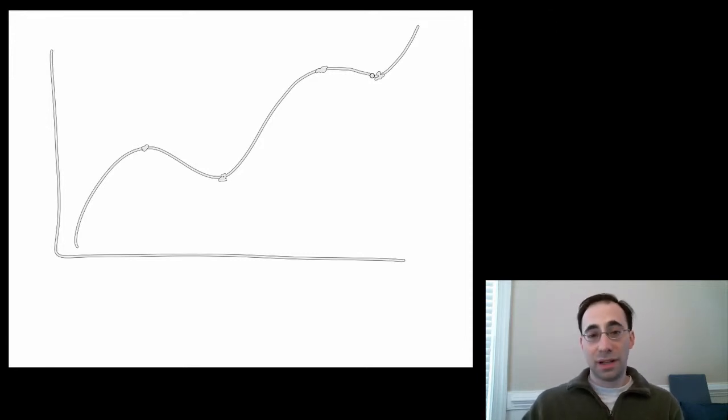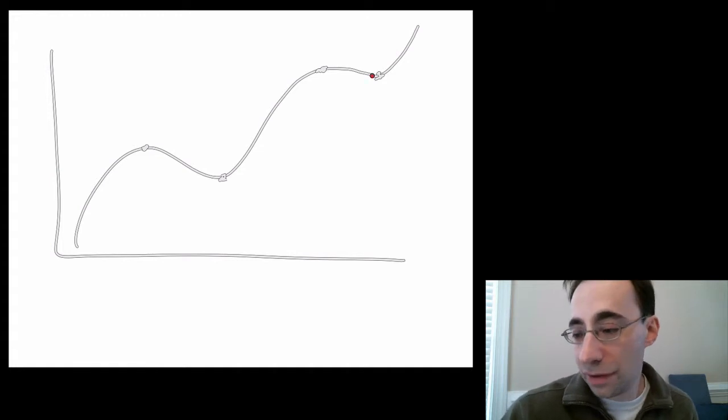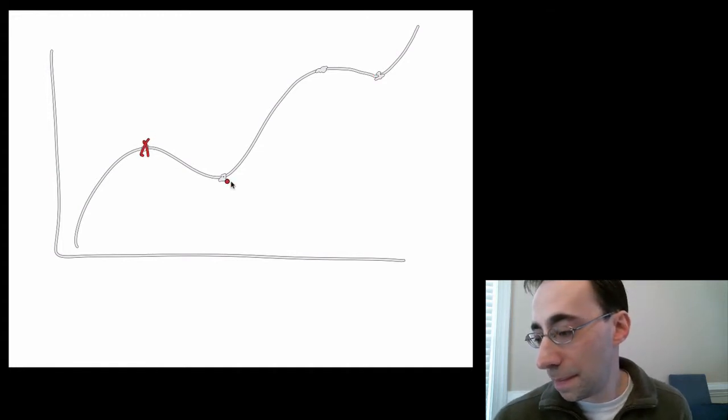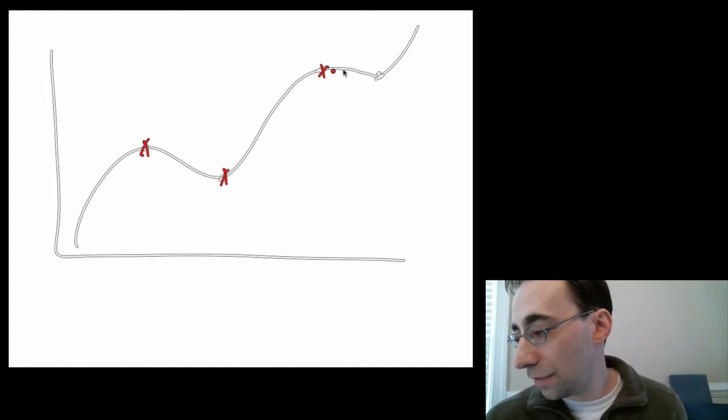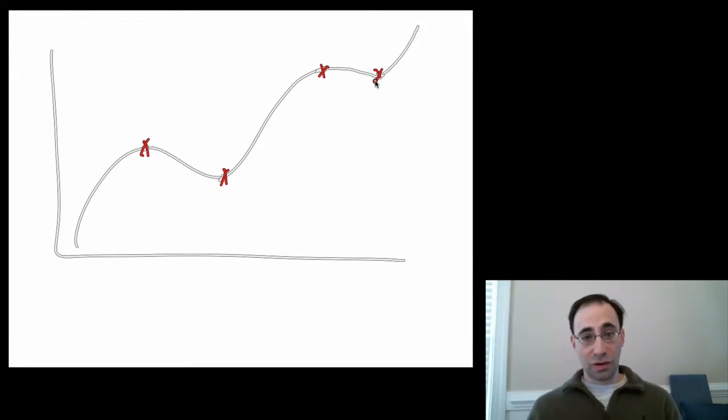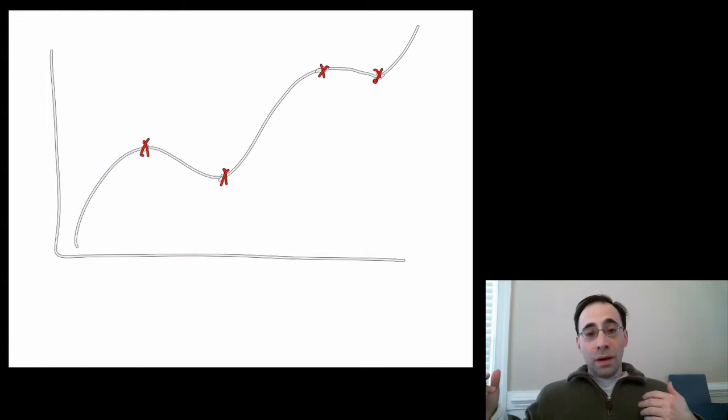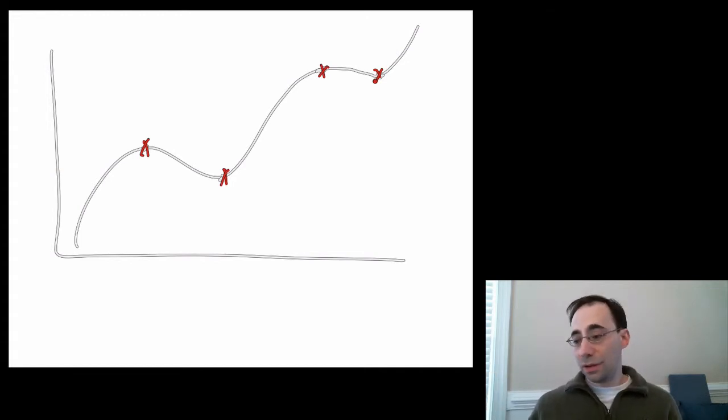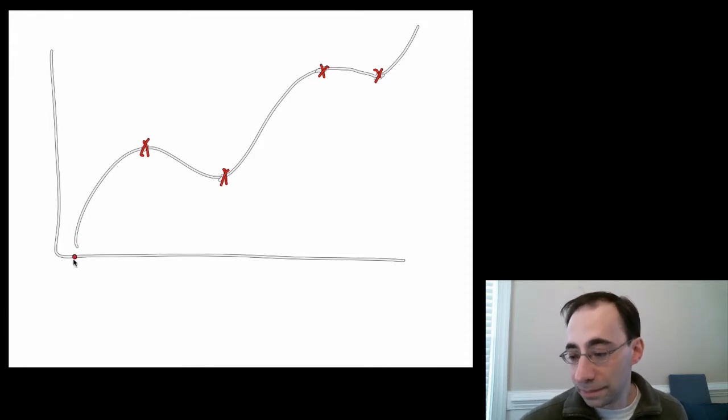Each one of the 4 points on this particular graph, and I'll make that a different color, a little more vivid, is a local minimum or maximum. What about the global minimum or maximum? Well, you can look by observation of this function.